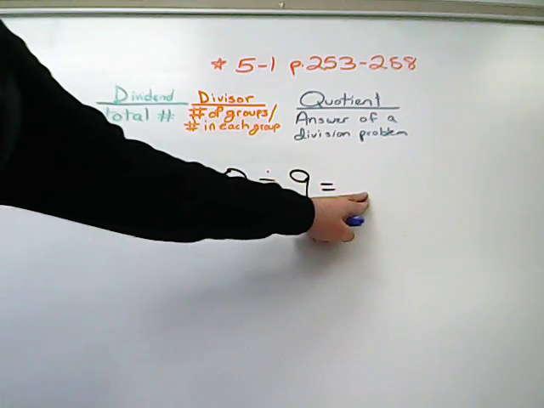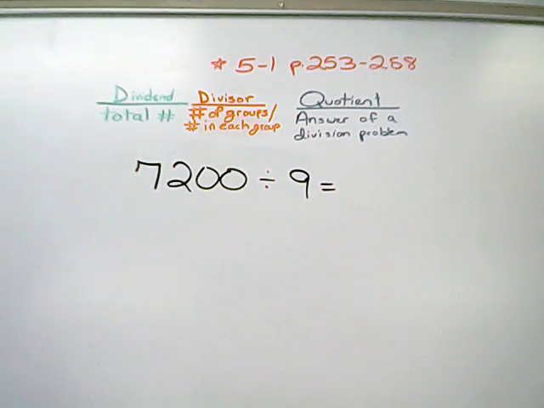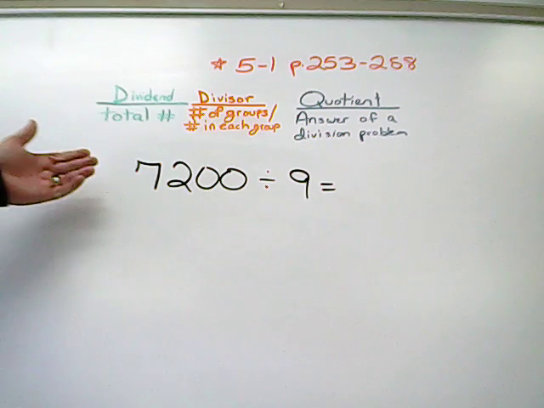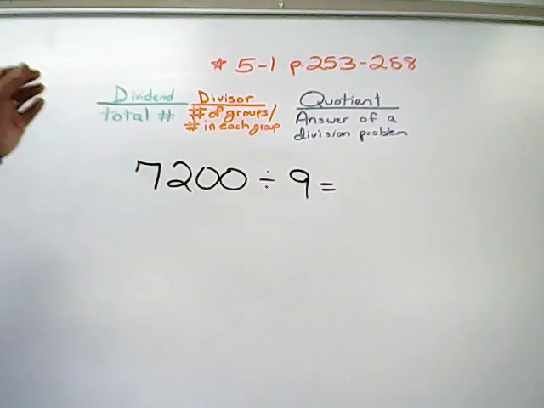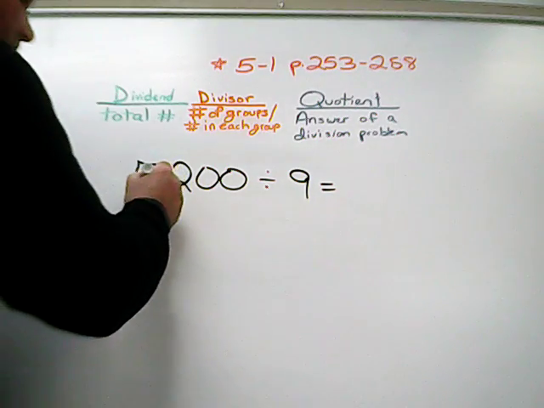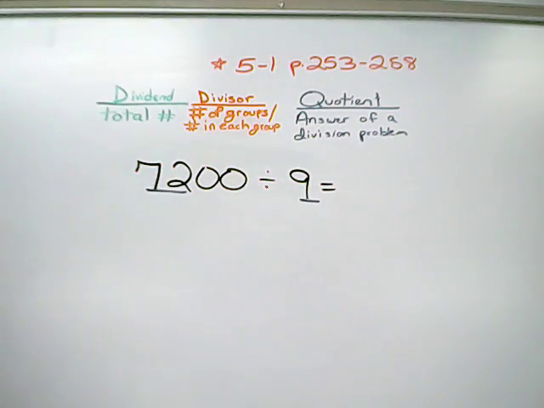That means my quotient is going to tell me the number of groups I'm going to be making. This looks like an overwhelming problem, but again, if you do your basic facts, you'll be in great shape. The basic fact I want to do here is 72 divided by 9. If you know your facts off the top of your head, you're probably a step ahead of me and done with this problem.